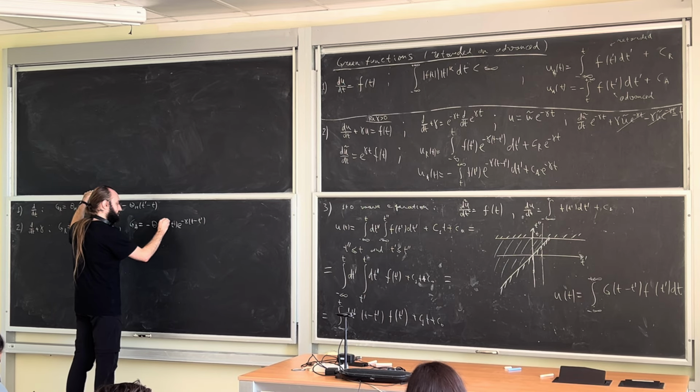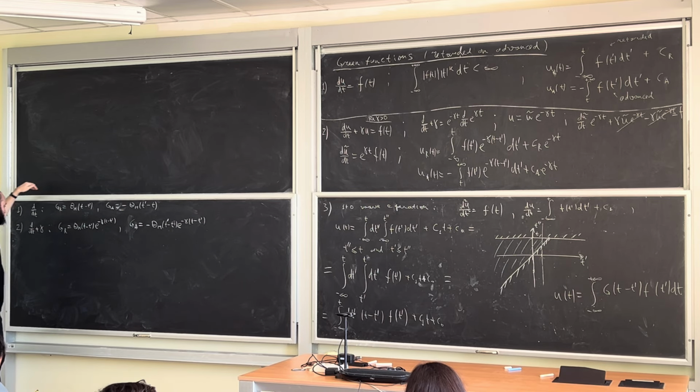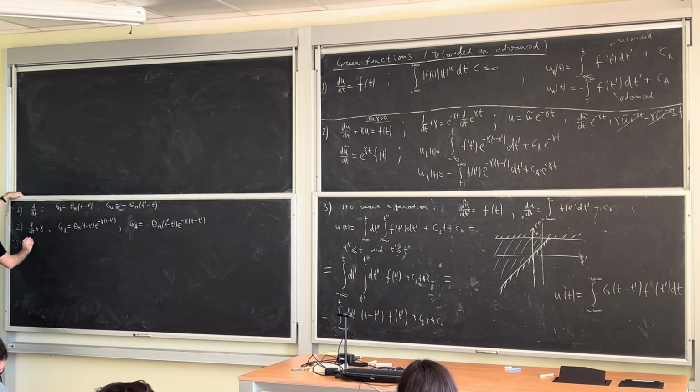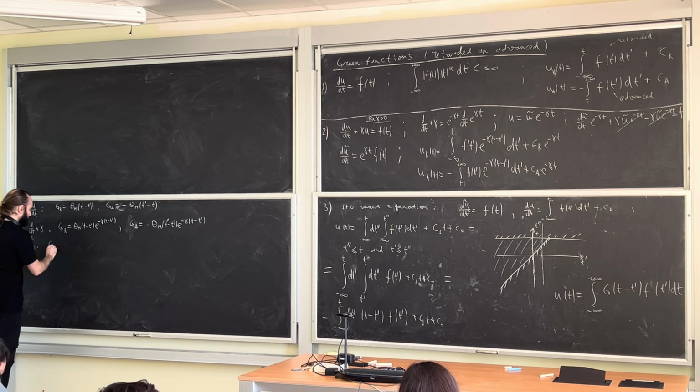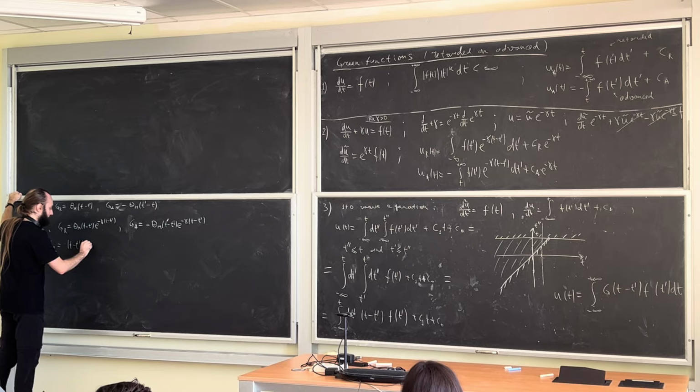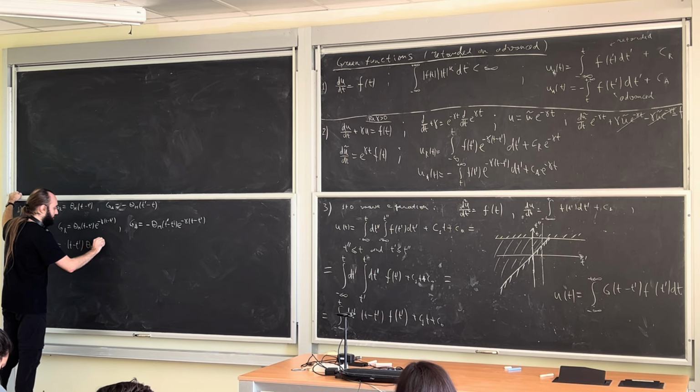Sorry, I made a mistake here, t prime minus t. And in this last case, for a second order derivative, the target function is t minus t prime times Heaviside theta of t minus t prime.